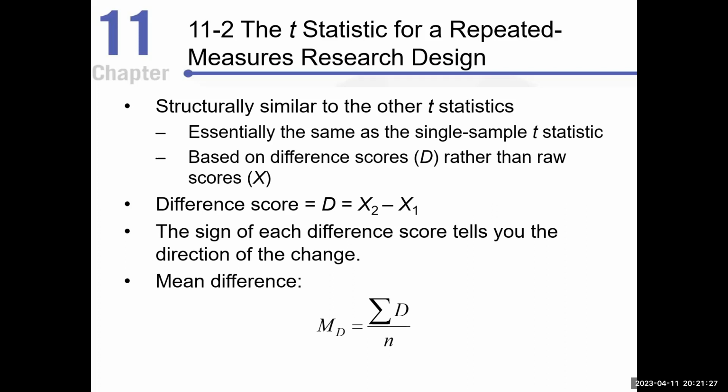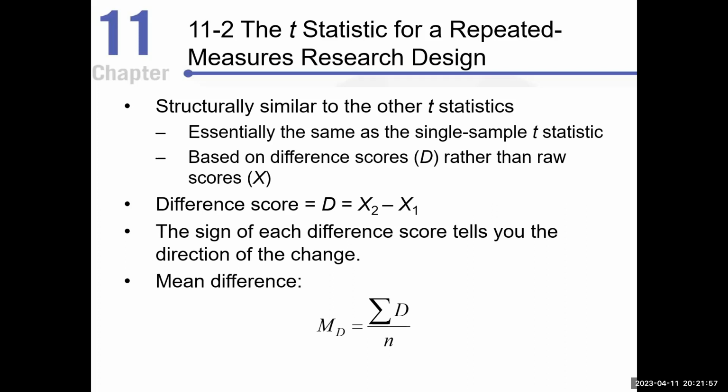Okay, the difference score, I'll show you an example. It's just going to be x2 minus x1, and you want to see what that difference is, or that delta. Okay, so the sign of each difference score tells you the direction of the change. So if you subtract x1 from x2 and you get a negative number, you know that there was a reduction in the score.